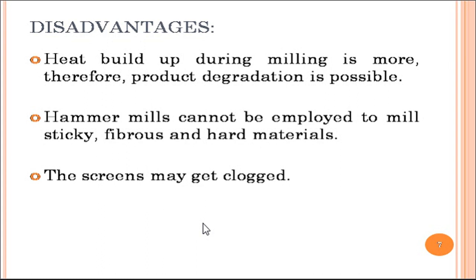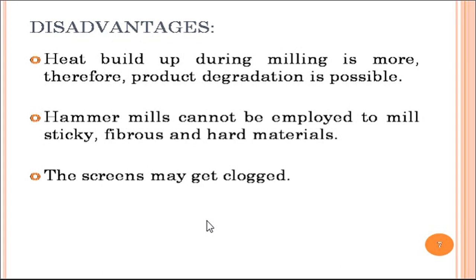The screen may get clogged, depending on the nature and type of material being processed. If the materials are very sticky, they can clog the sieve aperture and may produce dumping of the mass within the chamber.